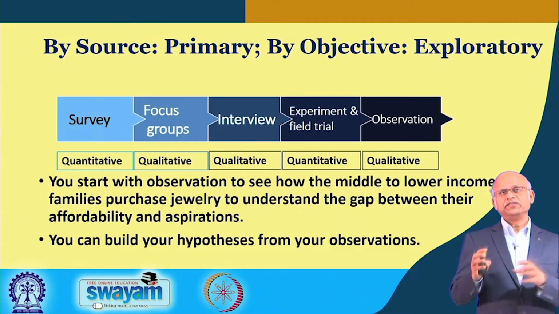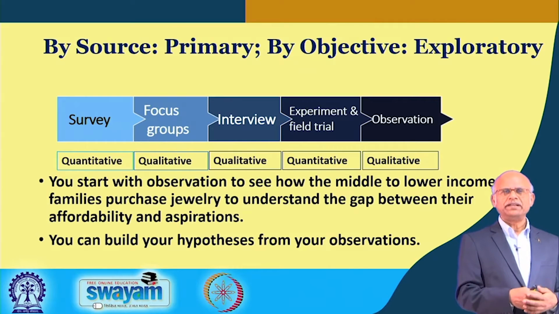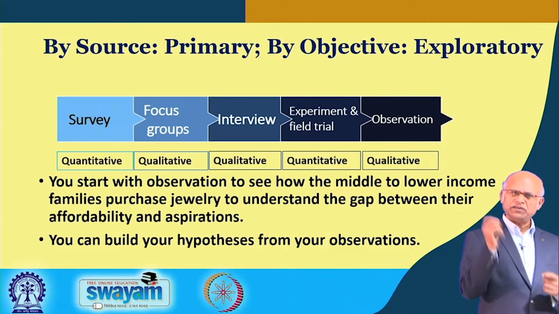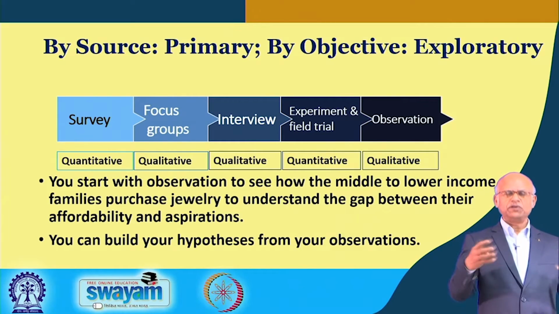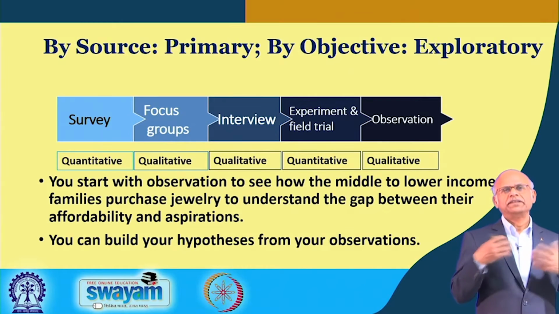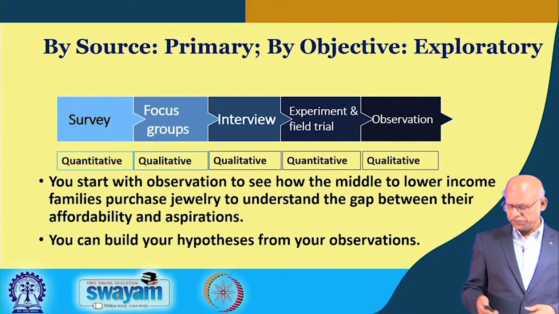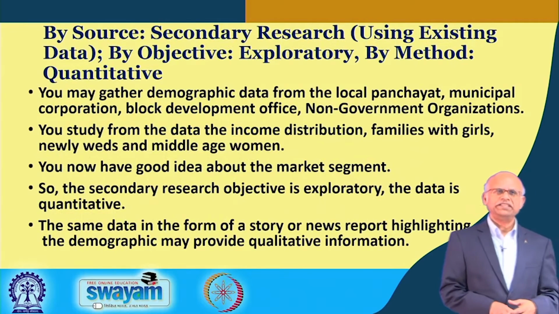You see people buying imitation, but they are not happy with that. Or maybe they are trying to buy 22 karat gold jewelry, compromising on size, buying a very small quantity, but they are not so happy, yet they are still aspiring and doing their best. So, you can build your hypothesis based on this observation. It is just building the hypothesis, not really testing it.